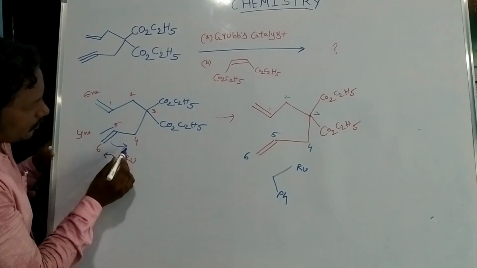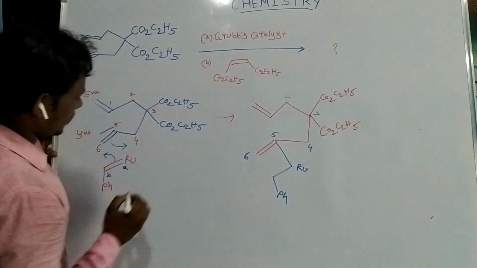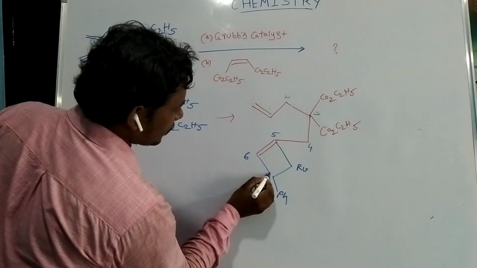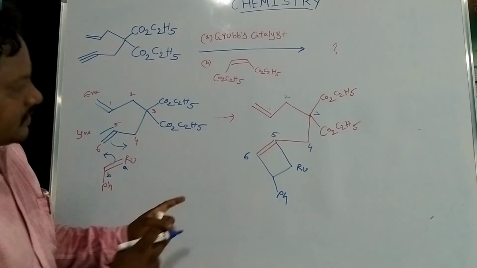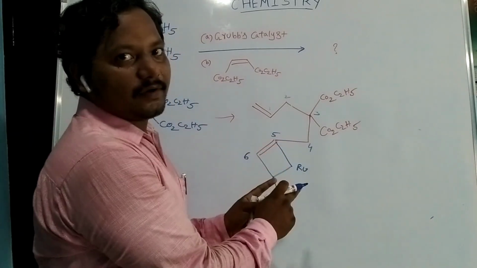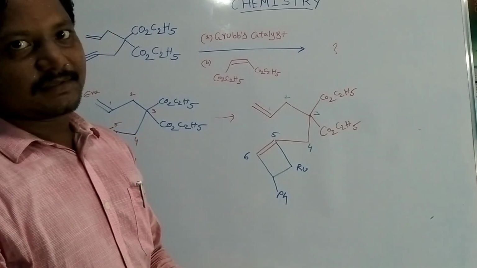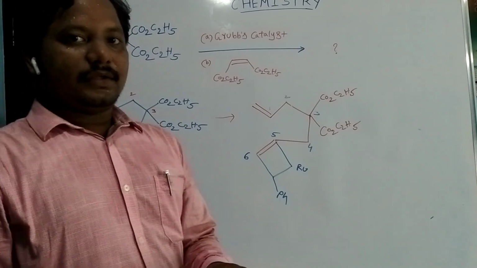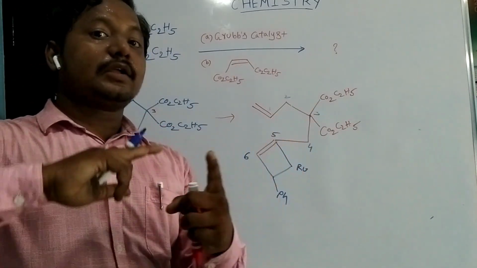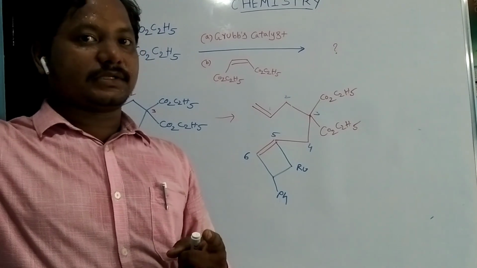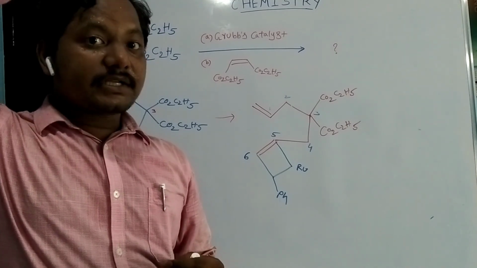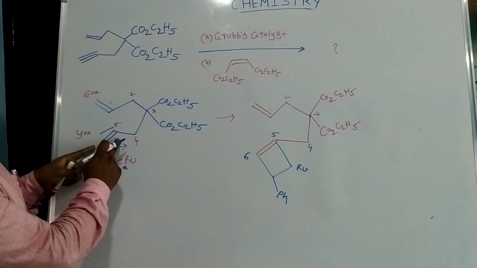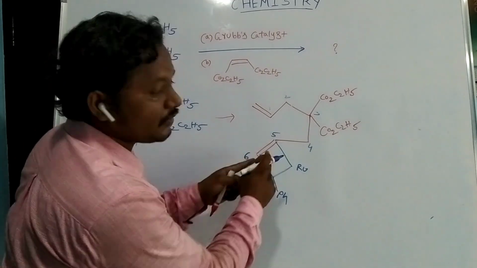In between 5 and A, a new bond is forming. Perfect. Similarly, a new bond is forming in between 6 and B. Fine. This is also a cyclobutene transition state, cyclobutene intermediate. Did you understand? If you look at the previous case, what is forming? Cyclobutane. Why? That's olefin metathesis: there the olefin is reacting, that's why cyclobutane. Here it is a C triple bond C, that's why the intermediate is a butene.